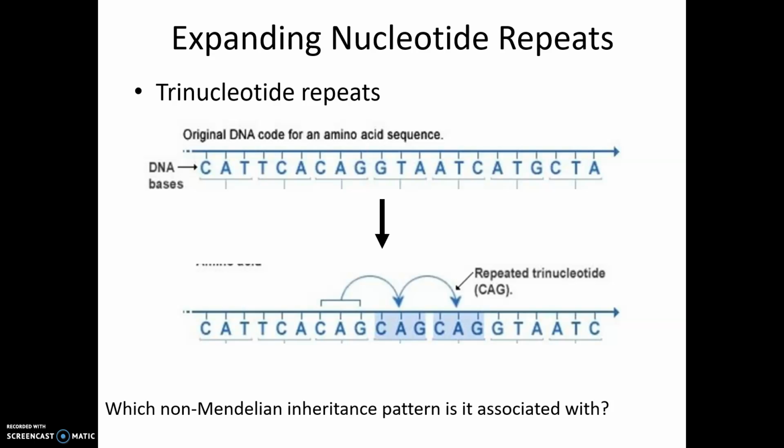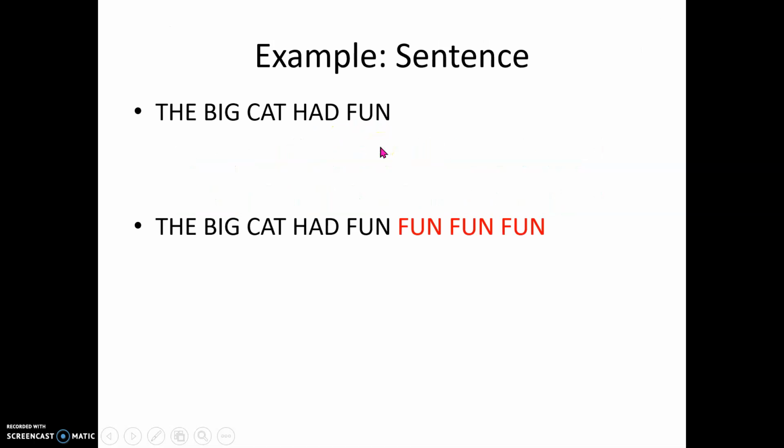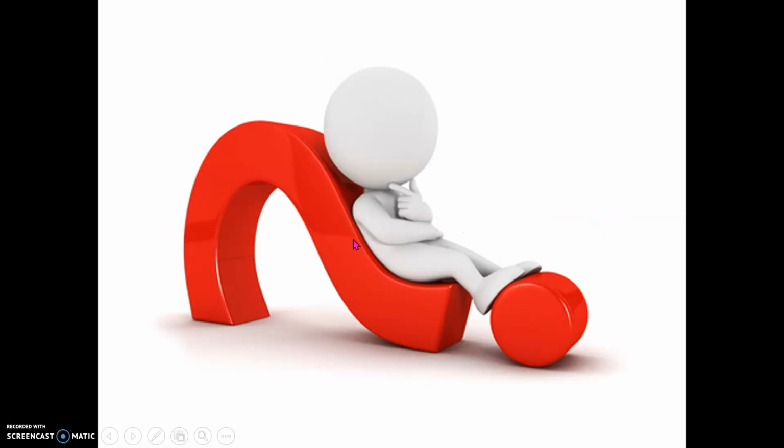You should be able to come up with that answer like that. Because remember, we're building on what we learned, not learning, taking an exam, forgetting. So give me an example of an expanding nucleotide repeat. You would just pick 3 base pairs in here and repeat them over and over again. And if it was in a sentence, the big cat had fun, fun, fun, fun. Okay? So far, so good.